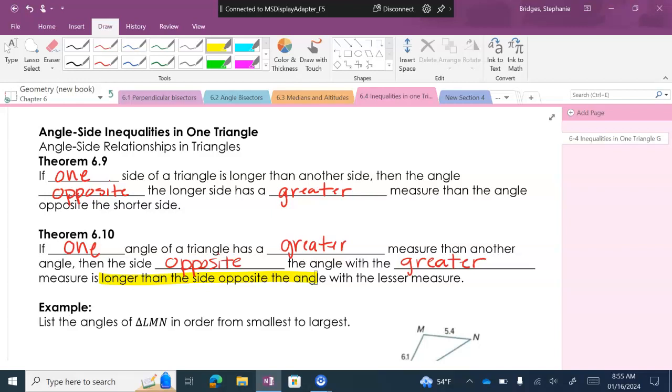B. And how many degrees is that? 40. And then AB, what angle is across from it? C, which is 70. So would AC be smaller than or greater than AB? Is the angle across from AC smaller than or bigger than the angle across from AB? It's smaller than, right? So that would be less than. Kind of makes sense? Somewhat, sort of.